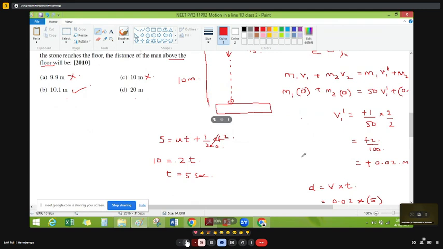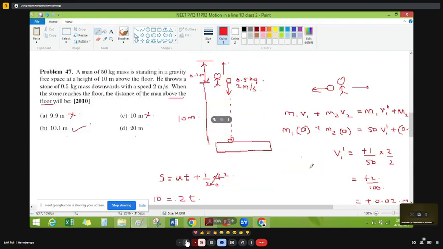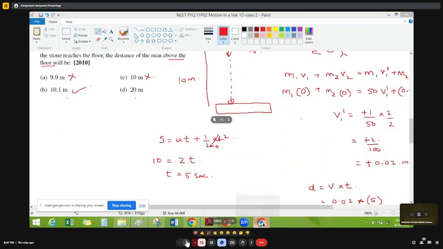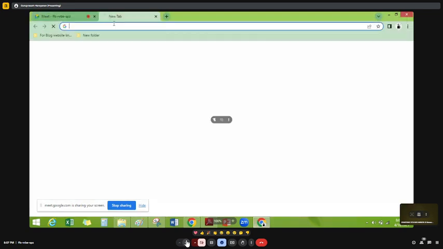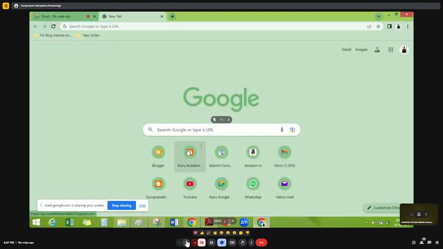So if you know this conservation of momentum, it's a very easy problem. I think I've done this. I can show you. For some other students, I showed this.